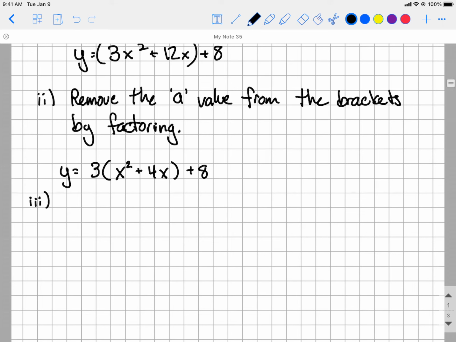Our next step is still the same as it was before, so we're still going to divide the x term by 2 and square it. So nothing has changed there.